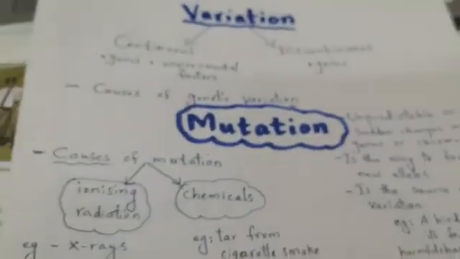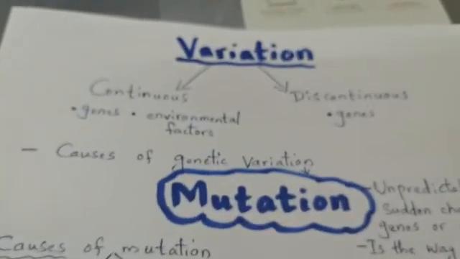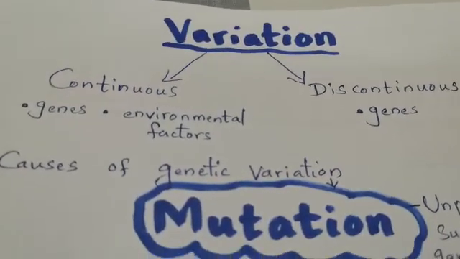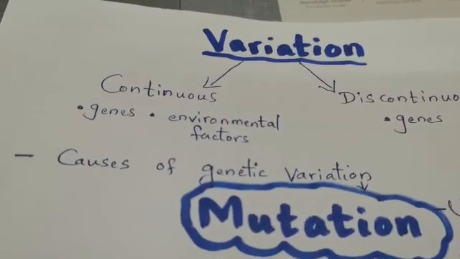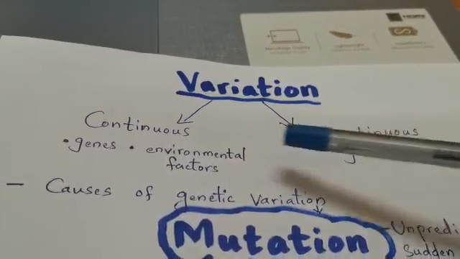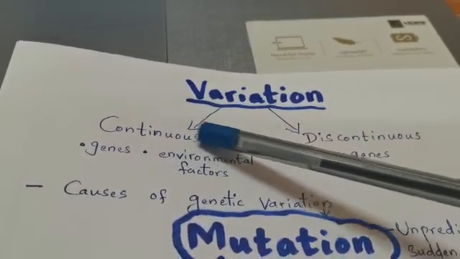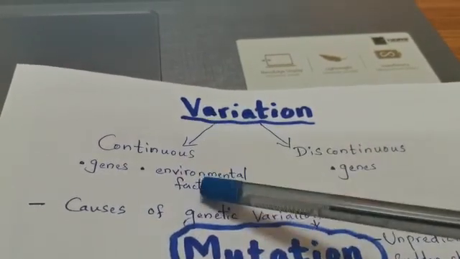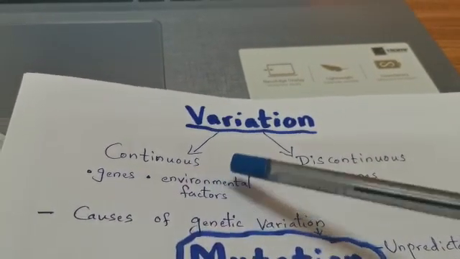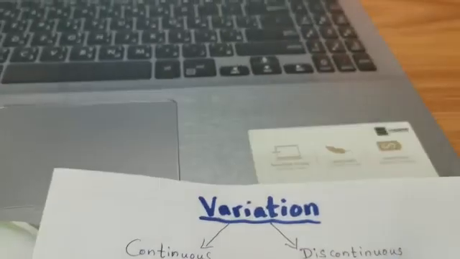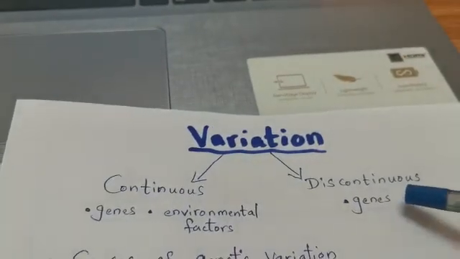As we learned before, variation are of different kinds, continuous and discontinuous. Continuous variation can be caused because of the differences in the genes or in the differences of environmental factors, and discontinuous variation can happen only because of the differences in the genes.